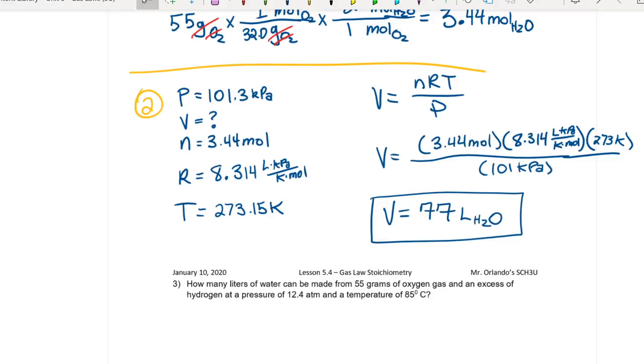Since it's PM... Oh, I have to balance it.